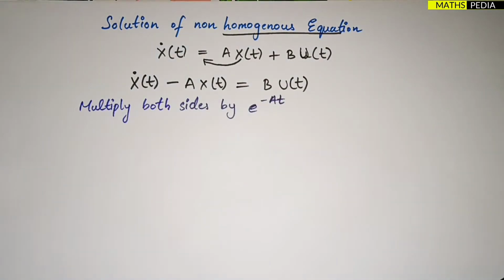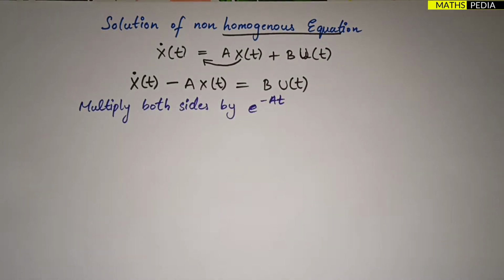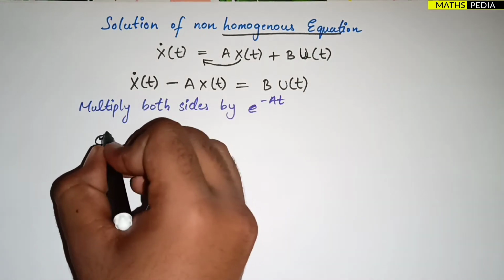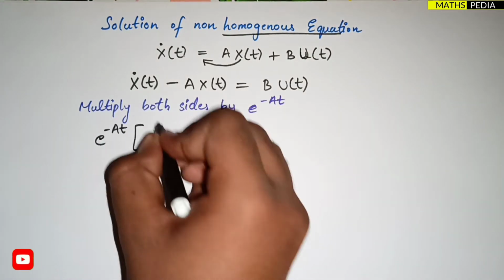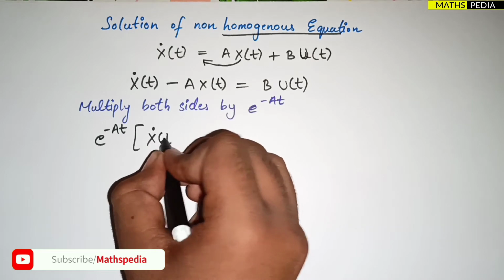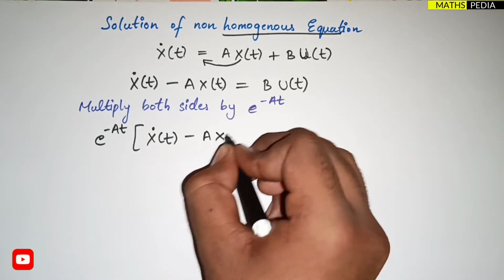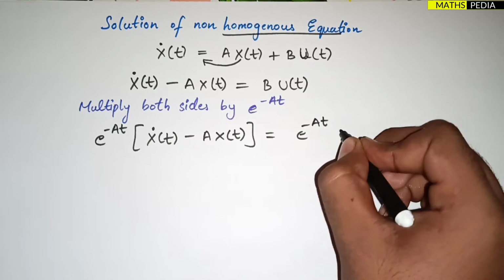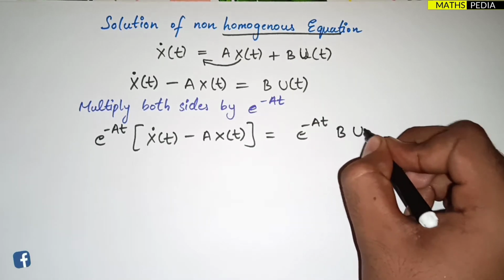So these are the steps you need to remember. E power minus At, we have to multiply both the sides. Now when you multiply both the sides, what will happen, e power minus At into this whole thing, x dot of t minus A into x of t, equals e power minus At, both sides you have to multiply, B into u of t.